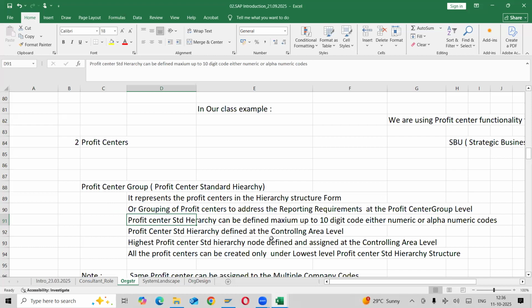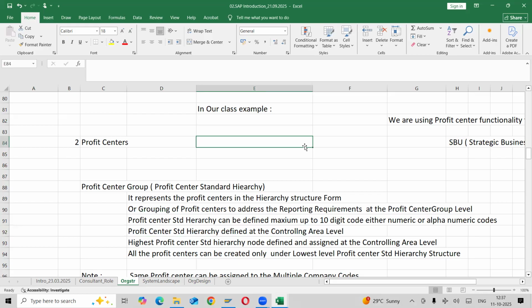Same thing here. Profit center, as I said, is moved from CO module, so it will be defined at controlling area level. Clear? If I want to define a profit center, then controlling area definition is mandatory.